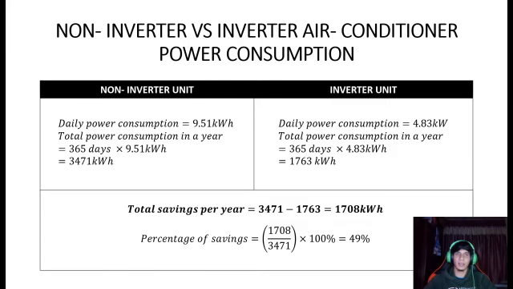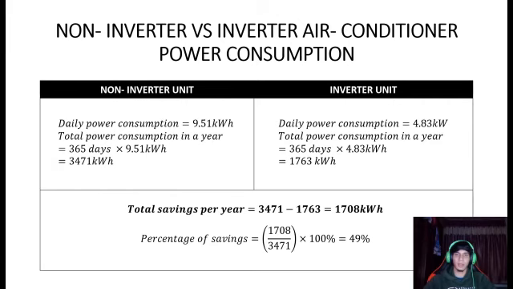Okay, there is an example of power consumption calculation between non-inverter and inverter aircon. For the non-inverter, we get the power consumption in a year of 3000 something, and for the inverter we get 1000 something.